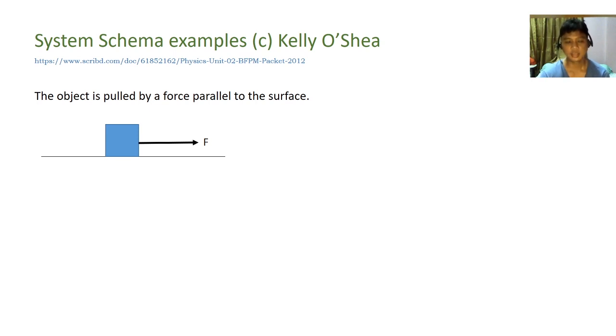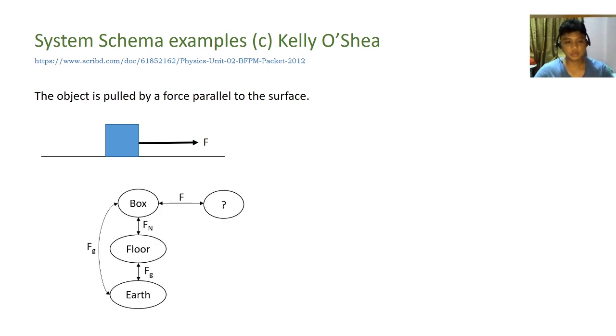So let's see. I failed to mention that the box and the floor are frictionless. So there's that. But anyway, here's what the system schema looks like.